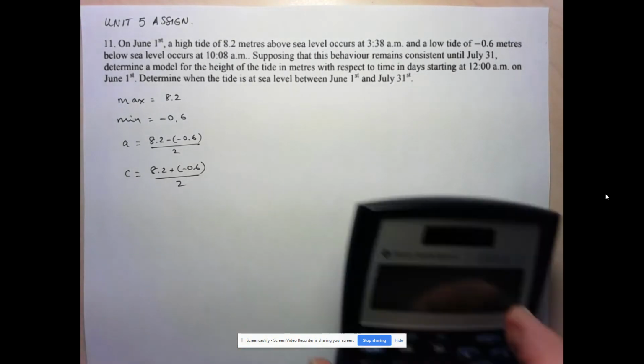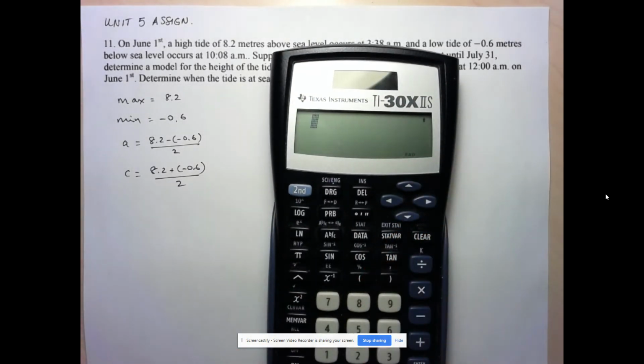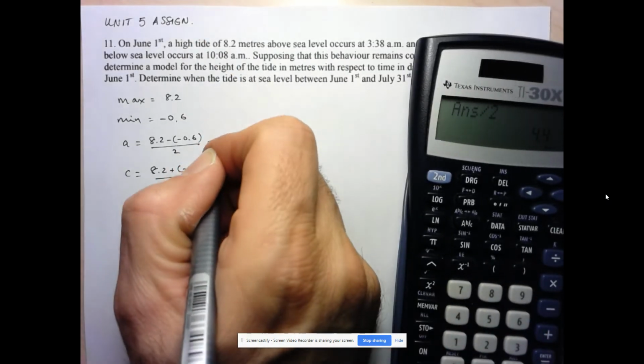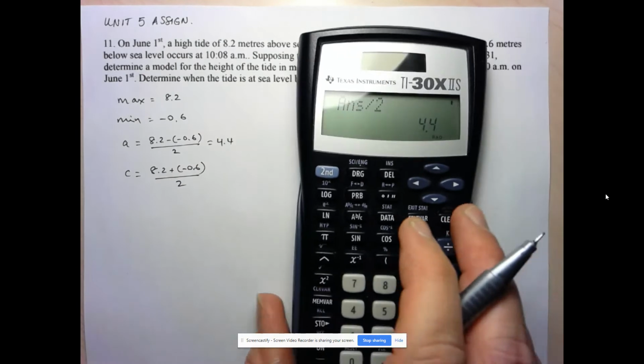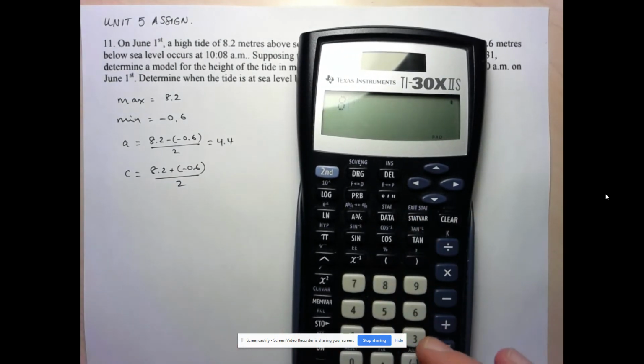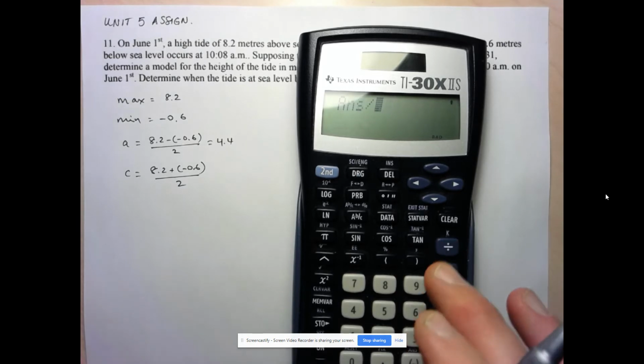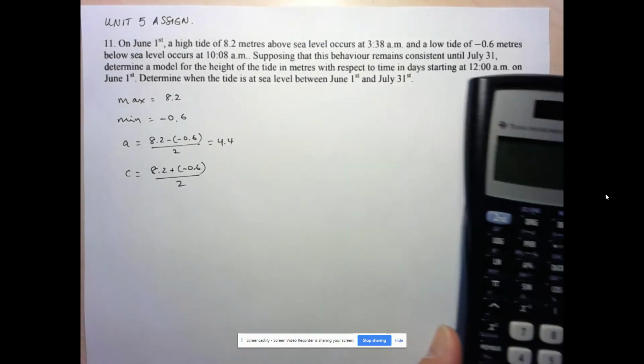So 8.2 plus 0.6, because we're subtracting a negative, divided by 2, is 4.4. And 8.2 minus 0.6 divided by 2 is 3.8.